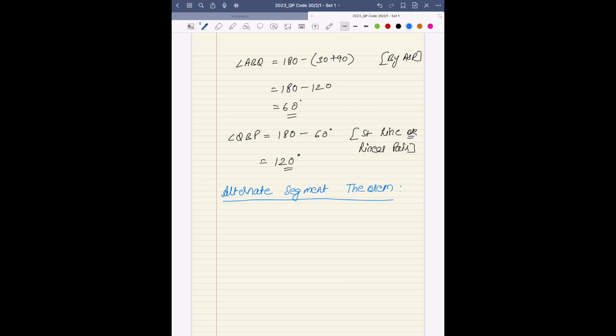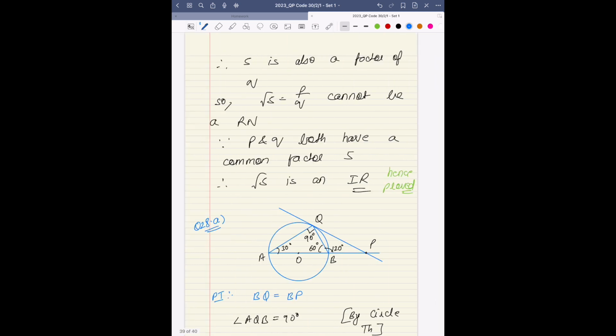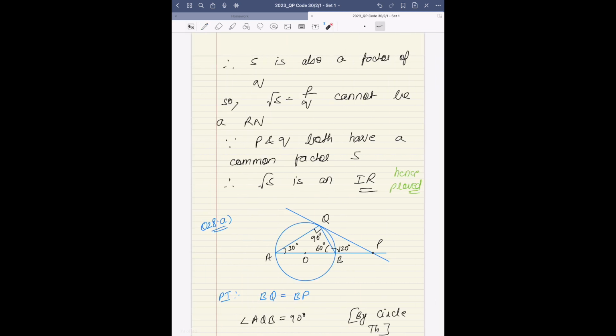What does this theorem say? This theorem says if a chord and tangent form an angle x degrees, then the same chord will subtend the same angle on the circumference or in the alternate segment.